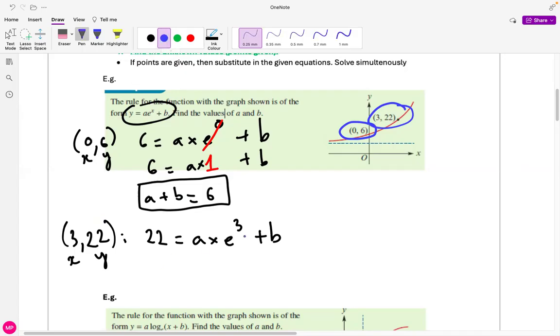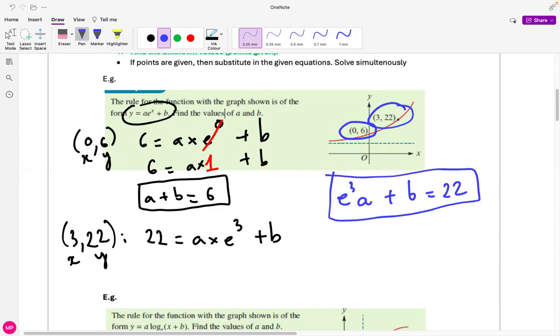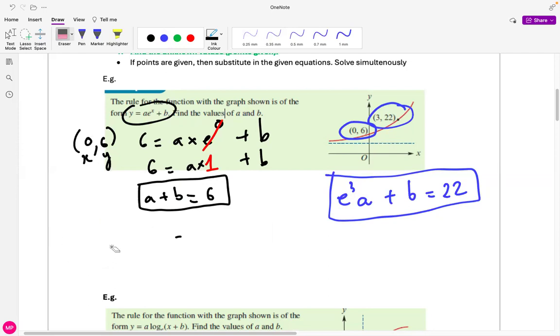I don't know what that is, but I can rewrite this as e^3 A, I put the coefficient in the front, plus B equal 22. So this is my second equation, as you can see. From here, I can solve simultaneously for A and B.